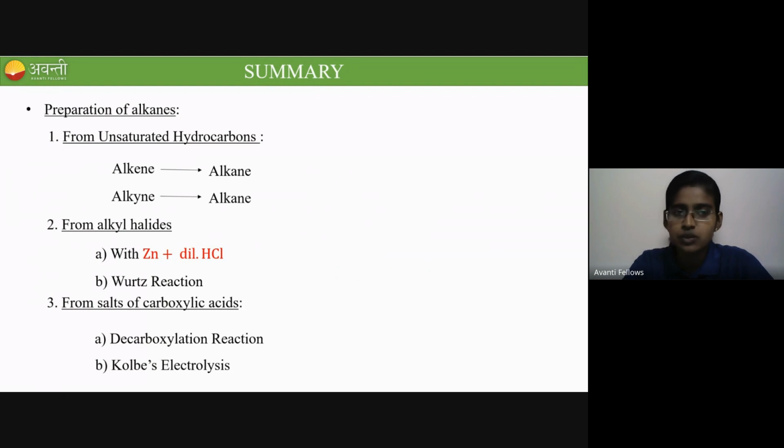Nickel, palladium and platinum, right? These are the metals we used with the addition of hydrogen. The same group you have to use for alkynes also. This reaction is called hydrogenation, because we are adding hydrogen.